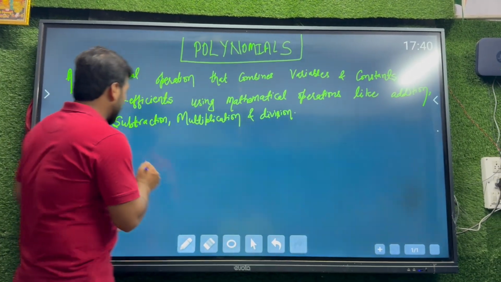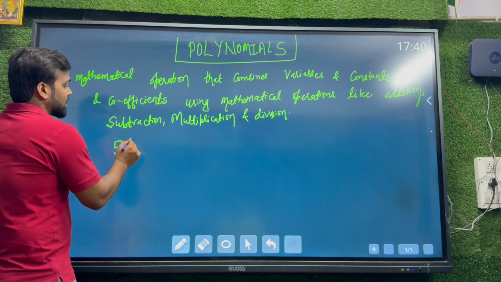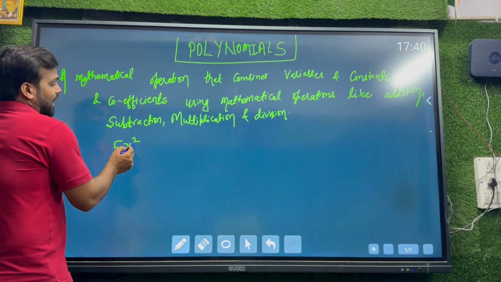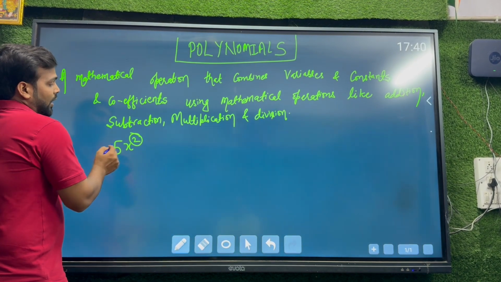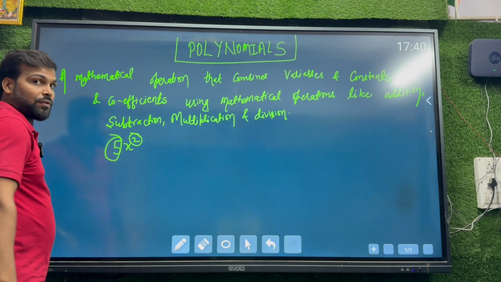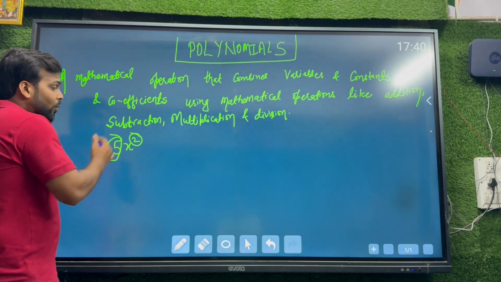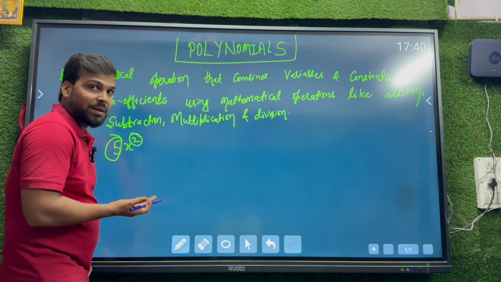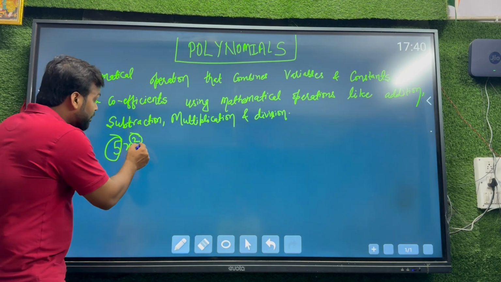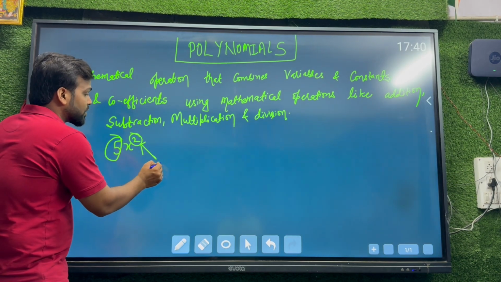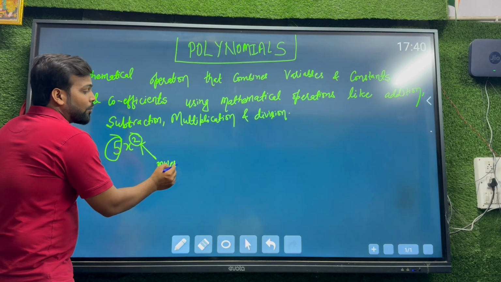For example, if I write down 5x square, here x has a power of 2 and it has a coefficient 5. A polynomial may have some coefficient, positive or negative, but the power should always be positive. Then it is a polynomial.